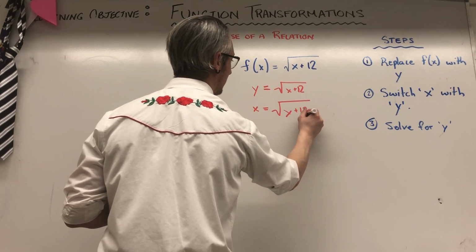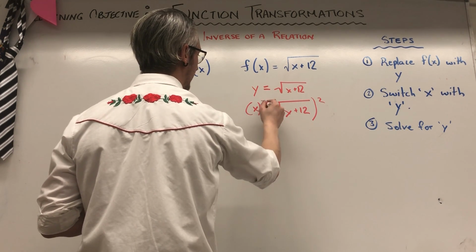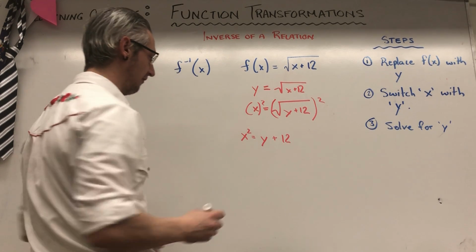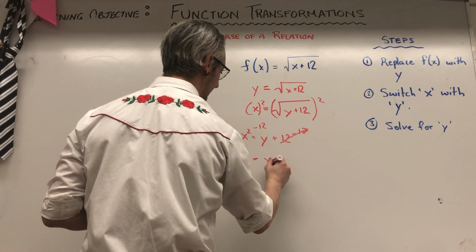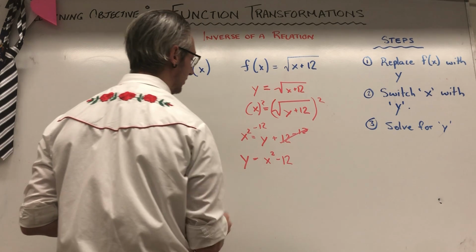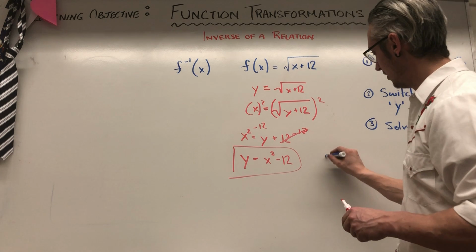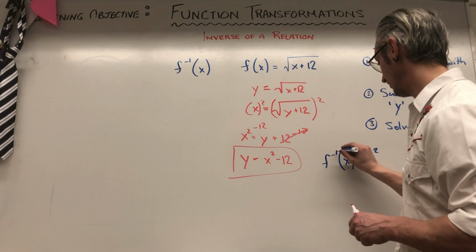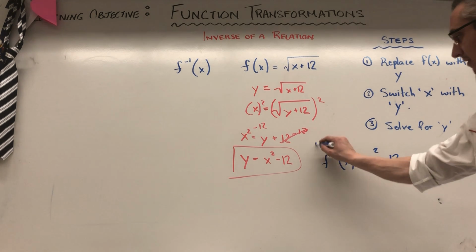X is equal to the square root of y plus 12. And now I'm going to square both sides to get rid of that radical, and I get x squared is equal to y plus 12. I'm going to solve for y. Y is equal to x squared minus 12. Therefore, f inverse of x is equal to x squared minus 12. That's all there is to it.